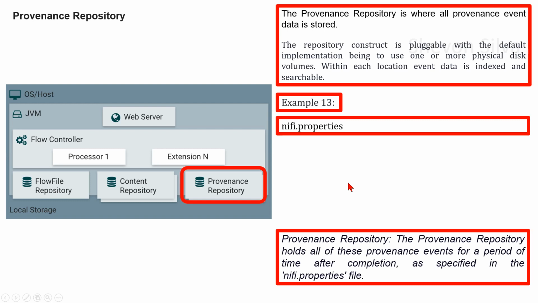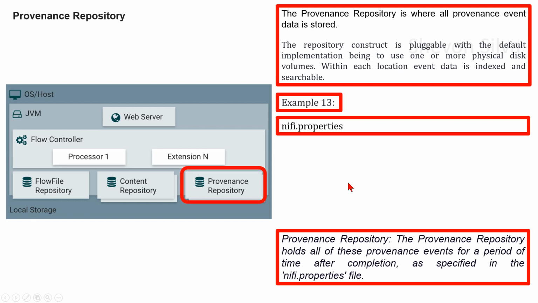When a Provenance event is created, it copies all flow file attributes and a pointer to the flow file's content, and aggregates that with the flow file state, such as relationships with other Provenance events, into one location in the Provenance repository. This snapshot will not change, with the exception of the data being expired.